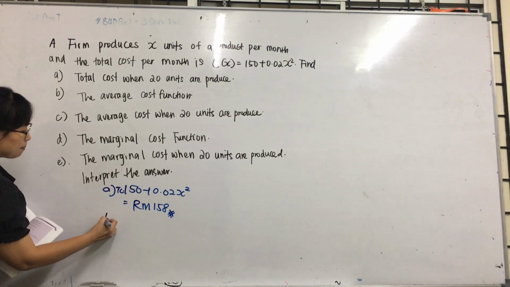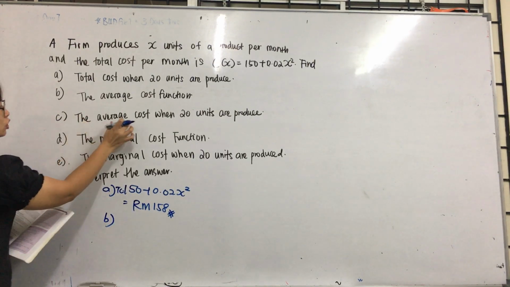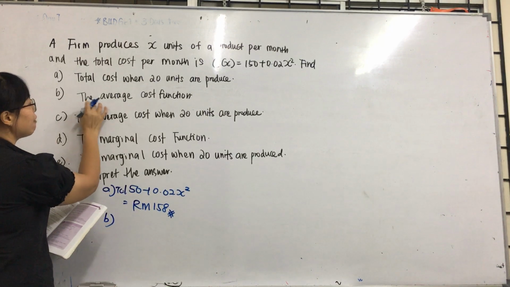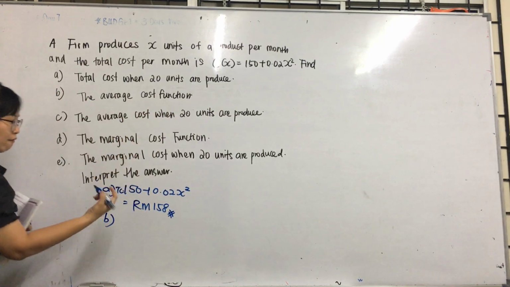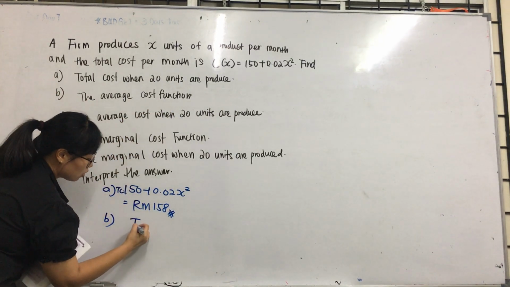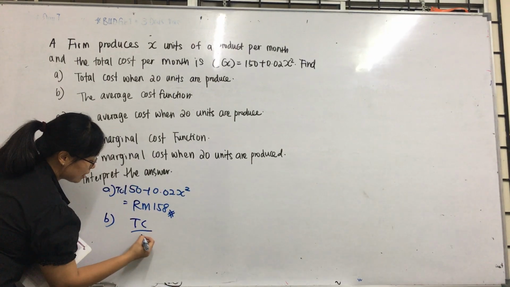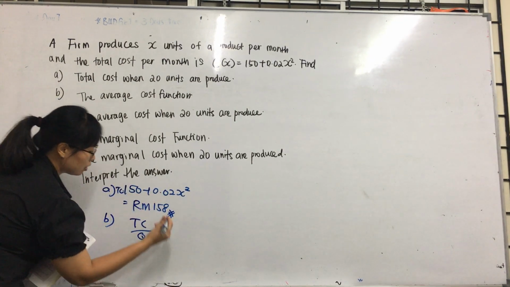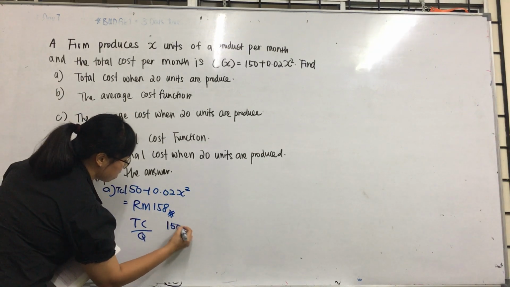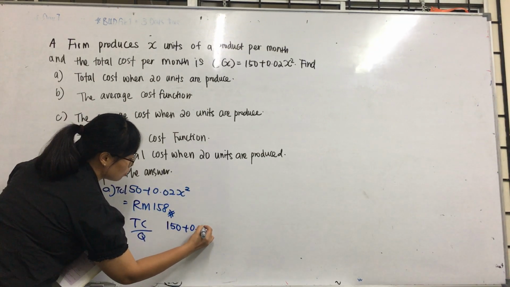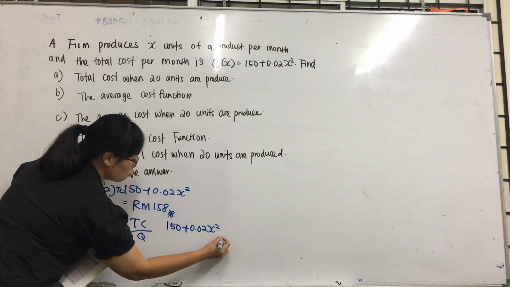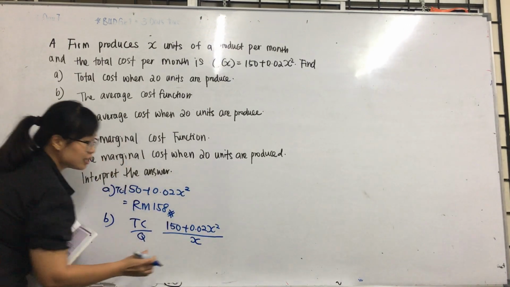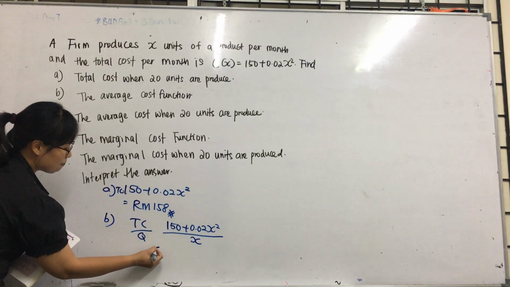Okay, number B, the average cost when 20 units. B is the average cost function. So average cost function here is total cost divided by the quantity. So you have the total cost function here, which is 150 plus 0.02 x to the power of 2 divided by your x, because x here is the quantity.